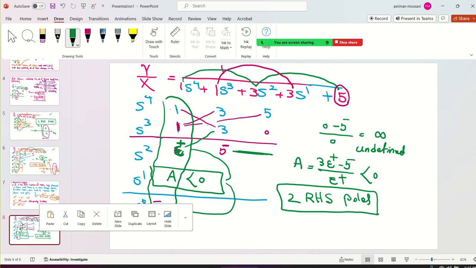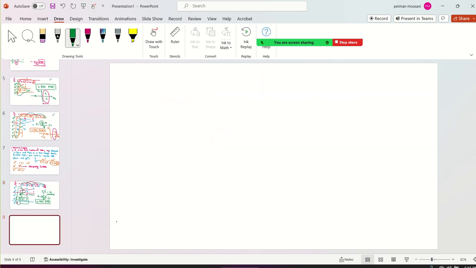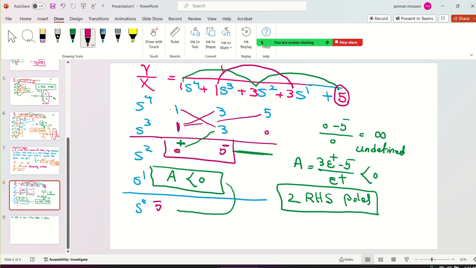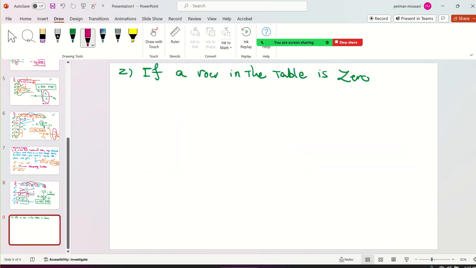Now, second special case. If a row in the table is 0, not only one element. For example, this row is 0. Oh, what the? For example, this row is 0. You stop.